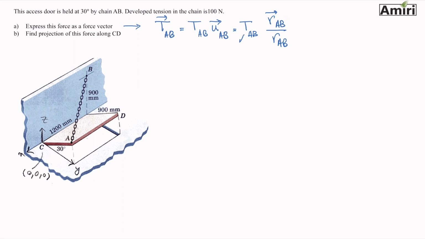I know this one is 100 newtons. It's given. So all I need to do is find unit vector of AB, which is position vector AB divided by magnitude of position vector, and that gives me this force vector, or in vector format.